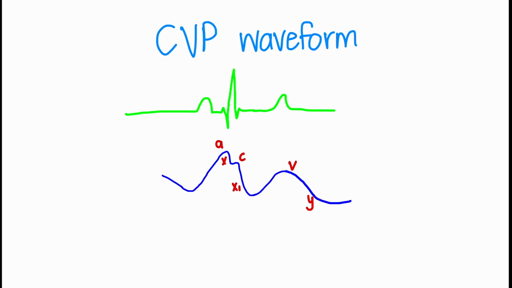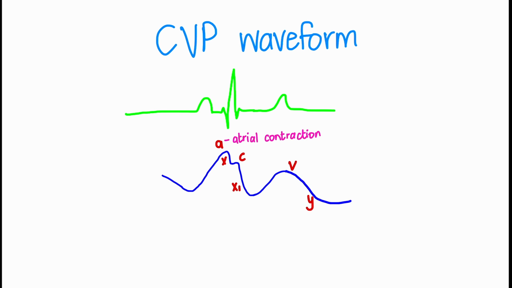Okay, so now we have the letters. What do they represent? A is represented by atrial contraction. Remember, we are measuring at the tip of the CVP, sitting close to the right atrium. So as the pressure increases in this specific area, it's going to give us more positive, and as the pressure decreases, it's going to go negative.